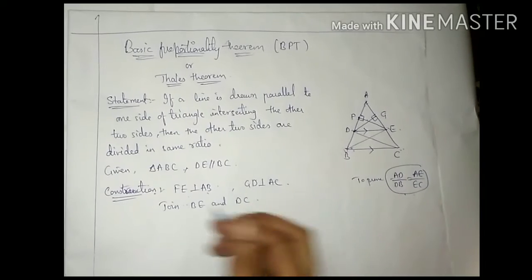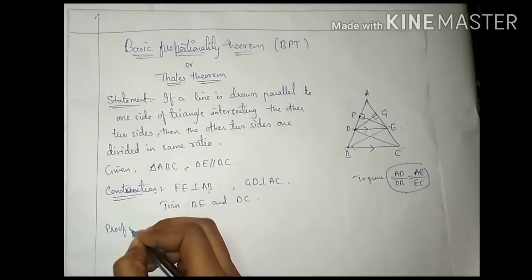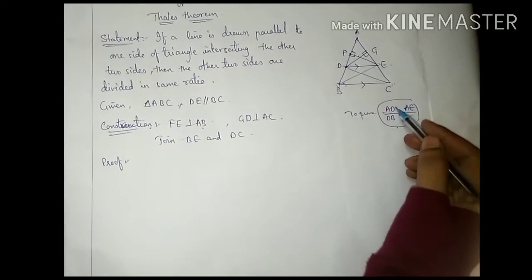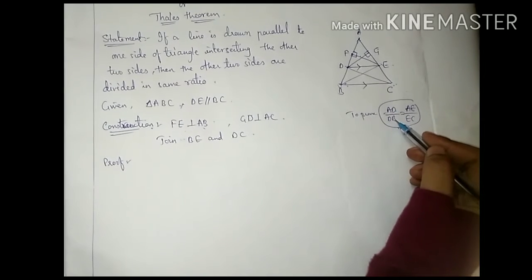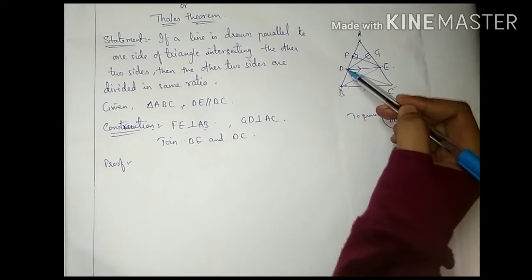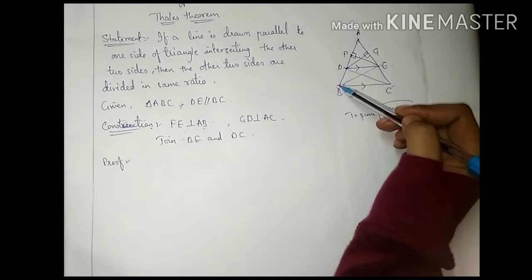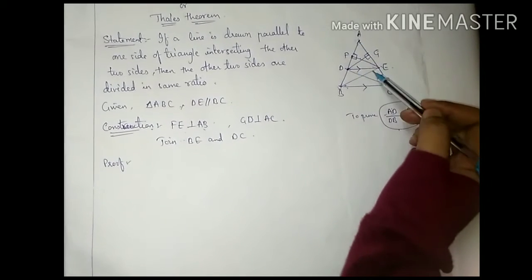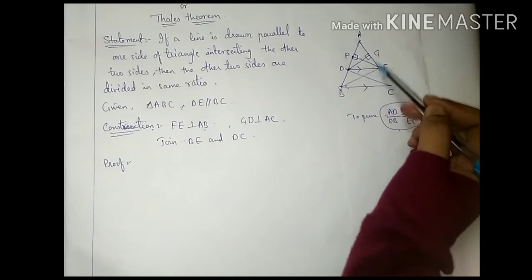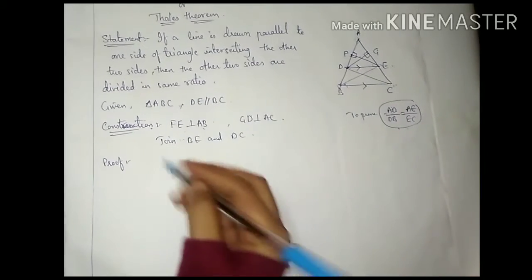Now we will start the proof. You can see we have to prove AD by DB, so we need this side AD by DB. So I'll consider the areas of these two triangles, ADE and DBE.